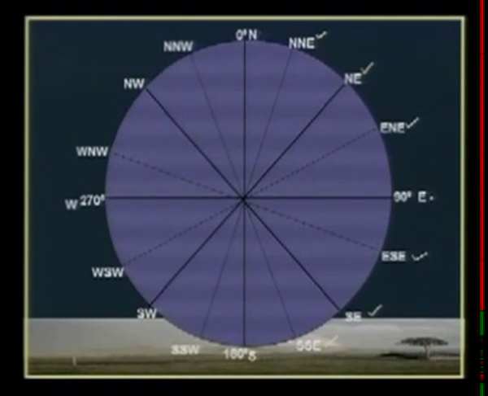It is called south-southeast because it is the south of southeast. And this is the south of southwest, so it is called south-southwest. Then southwest, west-southwest, west, west-northwest, northwest and north-northwest. These are the names that we give to the various wind directions.